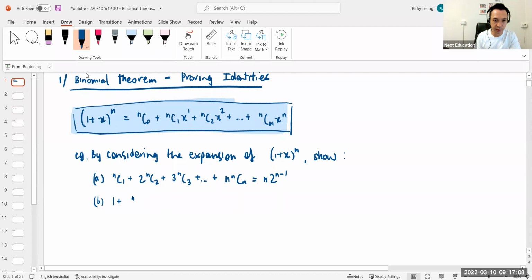And then B: C0 plus half NC1 plus a third NC2 plus ... plus 1 on (n plus 1) Cn equals (2 to the power of n plus 1 minus 1) over (n plus 1).